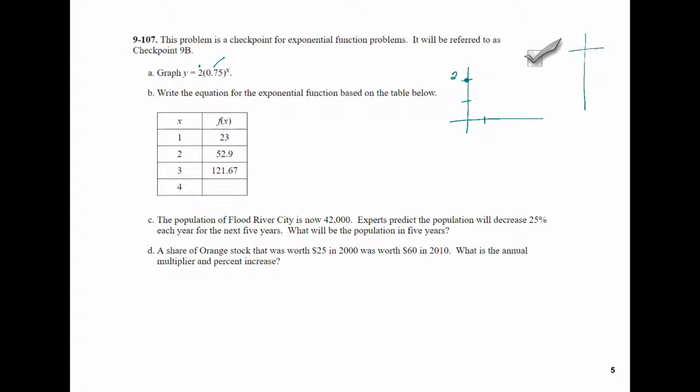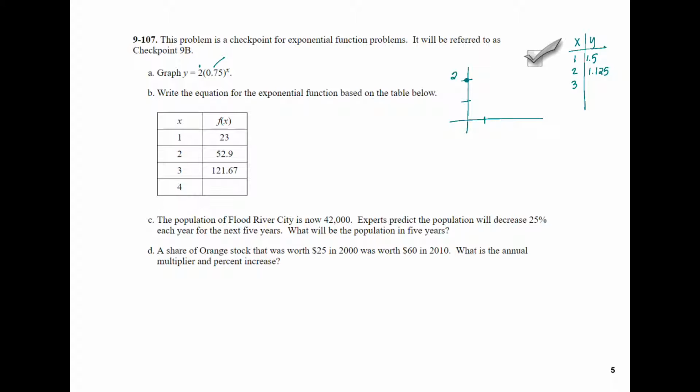You can do this a couple of different ways. You could type this into your graphing calculator, or you can make an XY table. If you type it into your graphing calculator, you can hit the table button and quickly get the values so you don't have to plug them in.